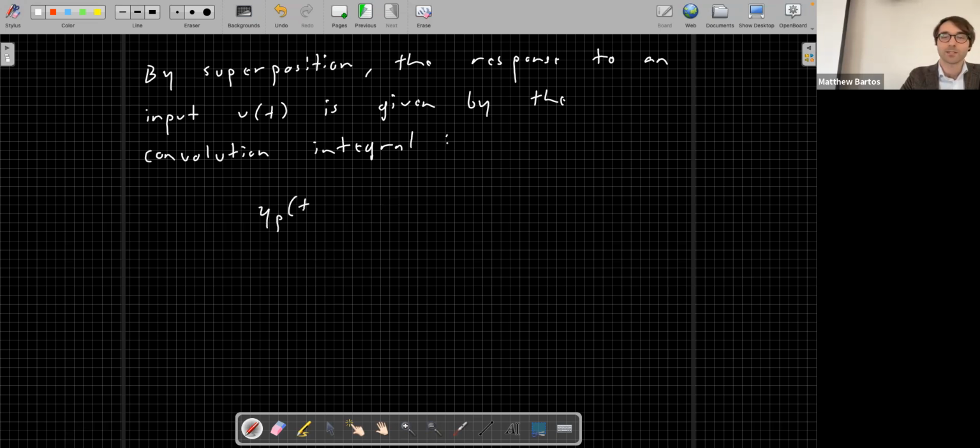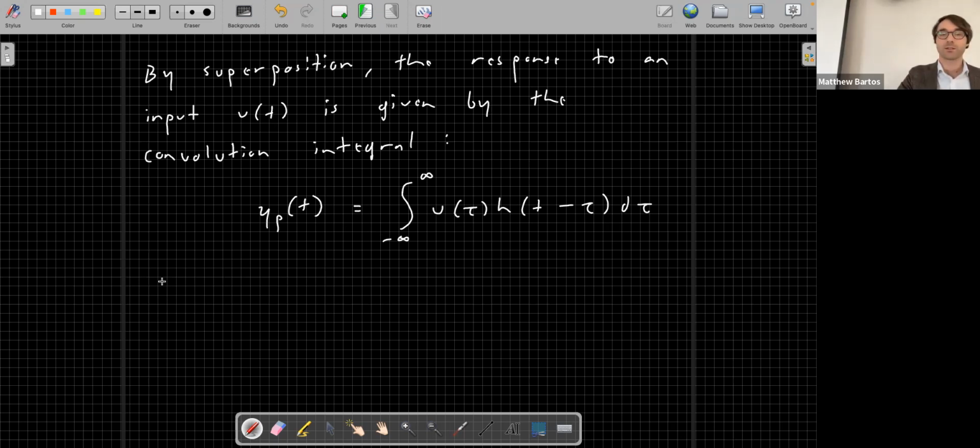The particular solution, which is the response to some input u of t, is given by the integral from negative infinity to infinity of u tau, that's our input, times h of t minus tau d tau.